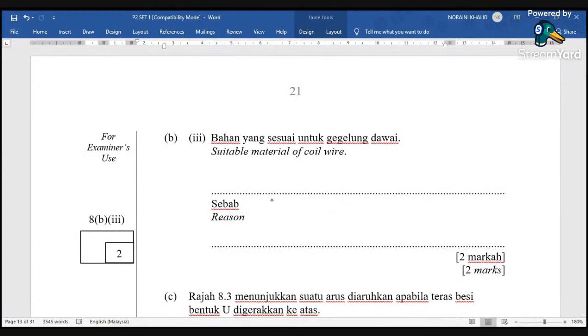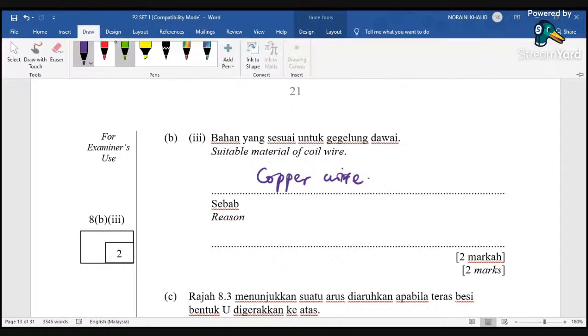Okay, suitable material of coil or wire. We can use copper wire. Okay, because we are trying to increase the induced current. To increase current, we can use material which has low resistance.